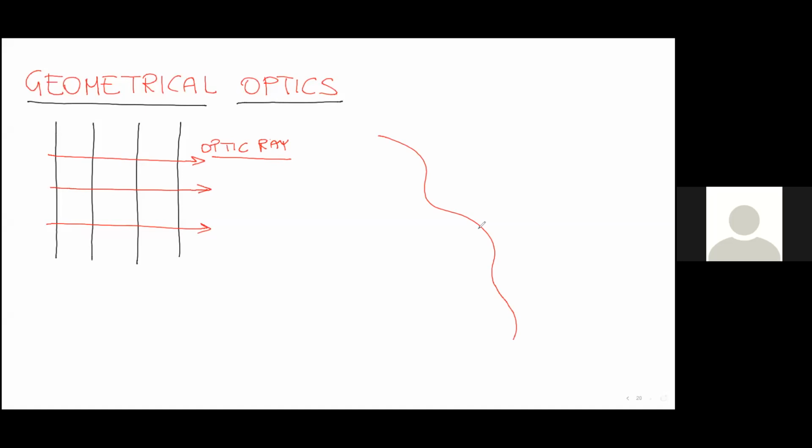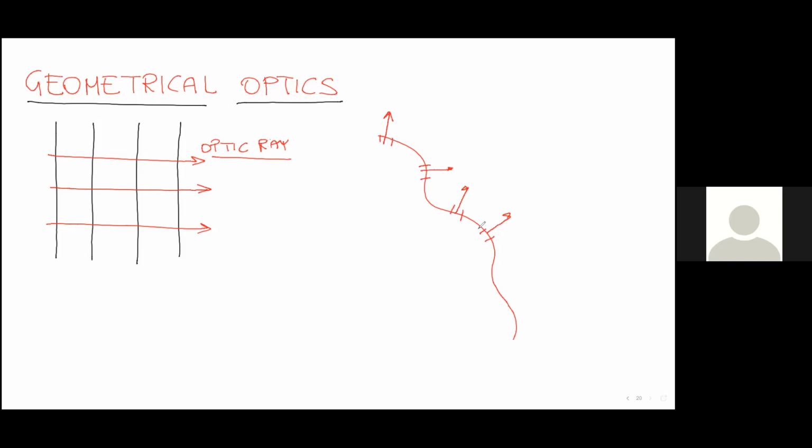Now, in geometrical optics, we say that locally, the optical ray is perpendicular to the surface of the wavefront. And what I am asking myself: can I represent the propagation of light with optical rays, okay?